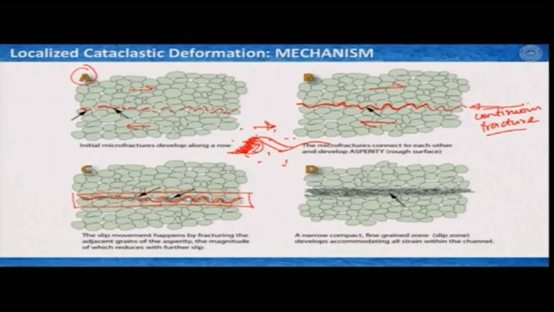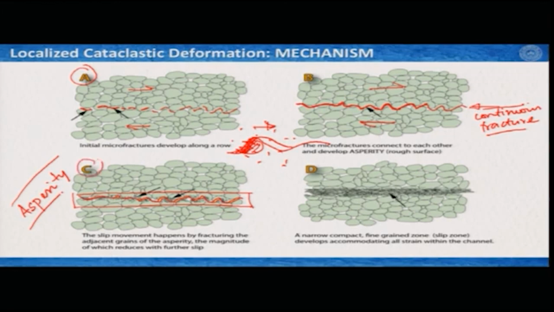So, we have a rough surface defined by very tiny fractures which is continuous, and this roughness is known as asperity, as we talked about in the previous slide.